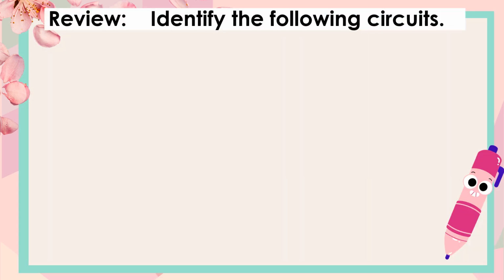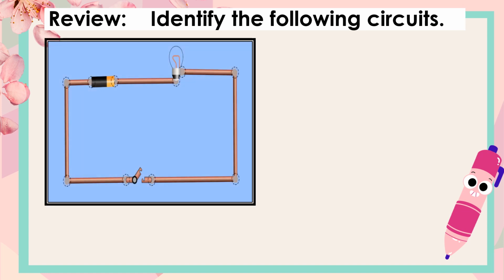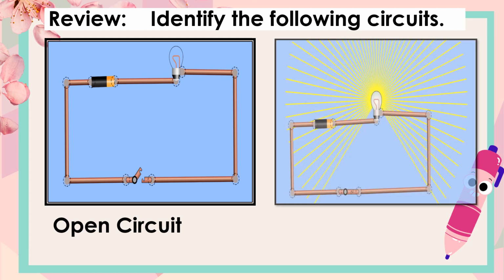Let us first review our past lesson. Identify the following circuits. What circuit is shown in the first picture? Okay, so we have the open circuit. Now, how about the second picture?